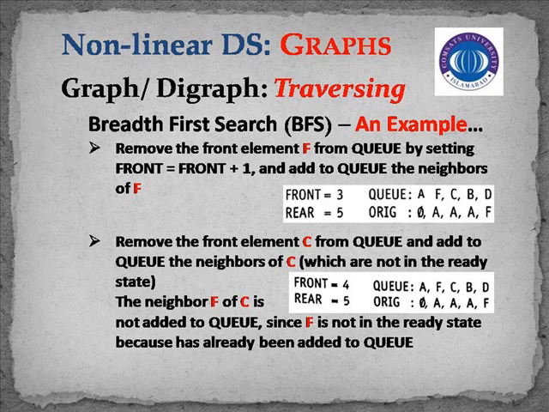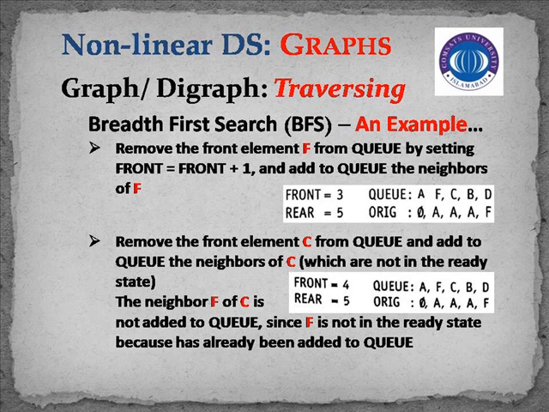Ladies and gentlemen, as indicated by the diagrams, next remove the front element F from the queue by incrementing the front pointer of the queue and add to the queue the neighbors of element F. After that, remove the front element C from the queue and add to the queue the neighbors of C which are not in the ready state.